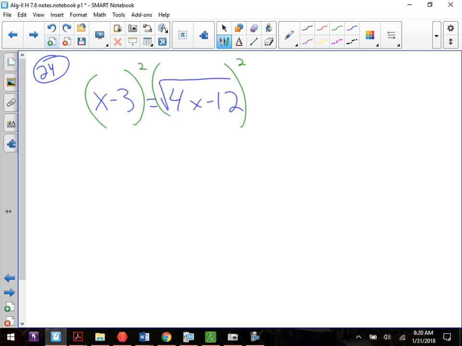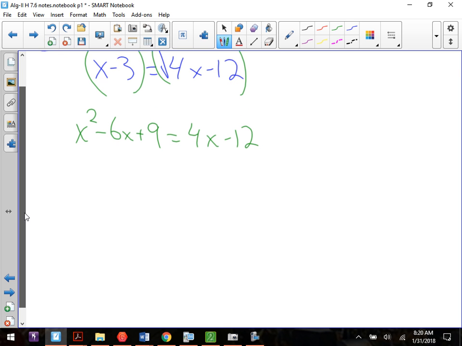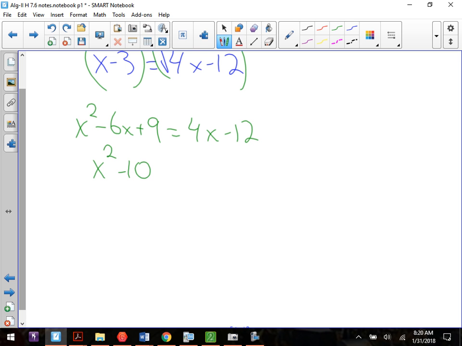When you square x minus 3 quantity squared, you should get x squared minus 6x plus 9. Subtract 4x, add 12. Enough. What times what's 21? You add together to get negative 10. Good. Negative 7, negative 3.